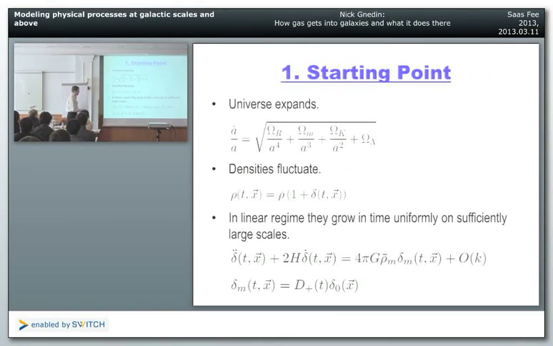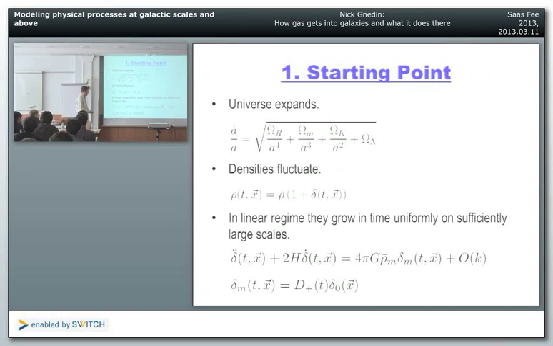We also know the densities fluctuate. Delta is the cosmic overdensity that measures the amount of density above or below the mean cosmic density. In the linear regime on large scales, where you can ignore second-order corrections when delta is very small, the fluctuations grow uniformly with time.